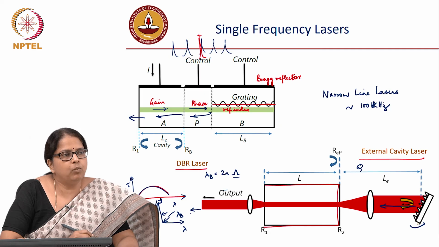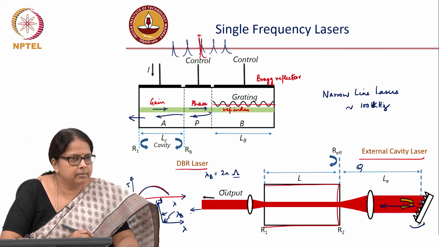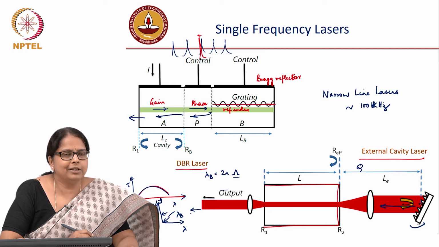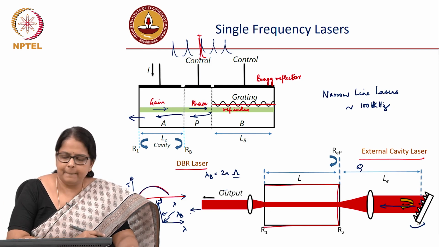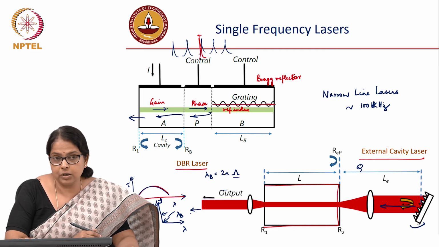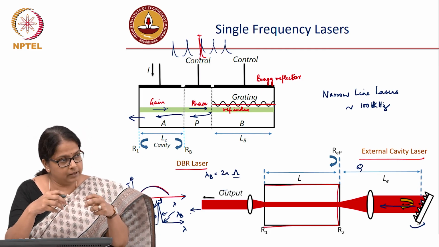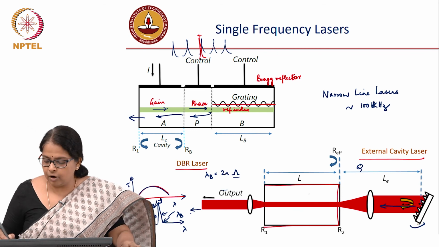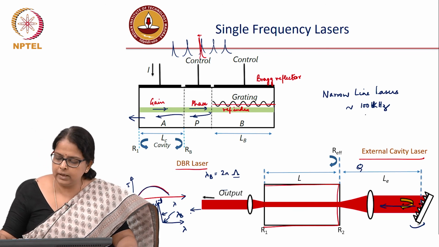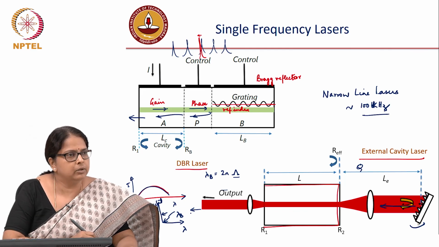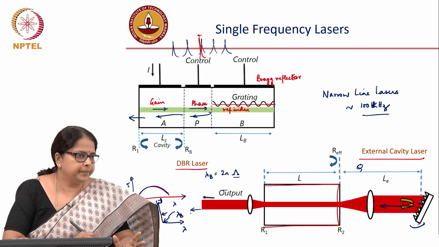You can even buy a 1 kilohertz line width laser today, but that is a super expensive laser, because you are trying to control through multiple fine gratings, and it will also require environmental control of the vibrations of the laser and so on. But what is usually used is something around 100 kilohertz for today's state of the art coherent communication.